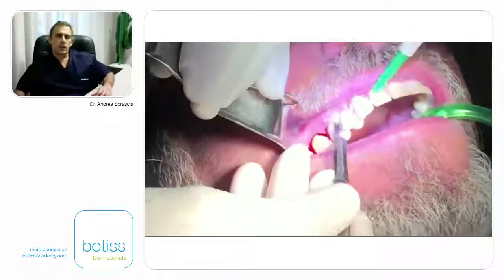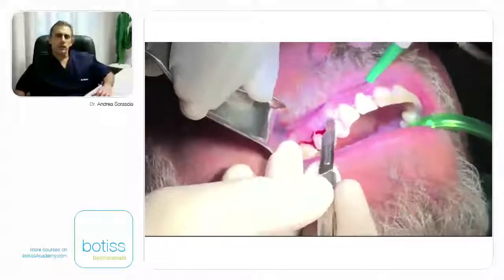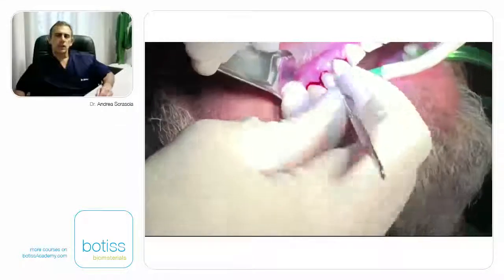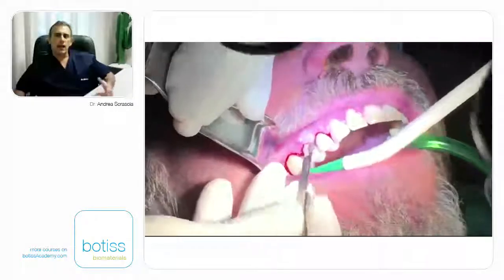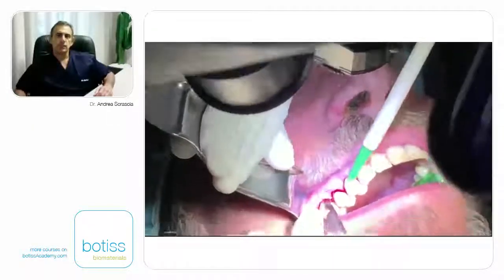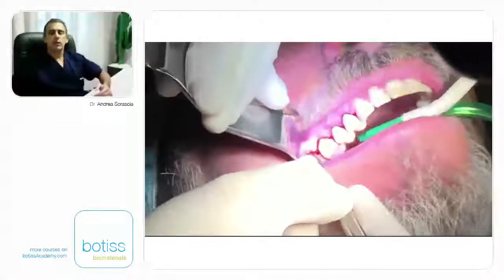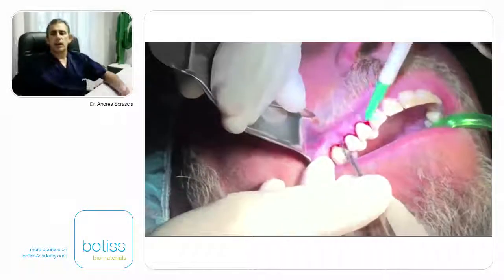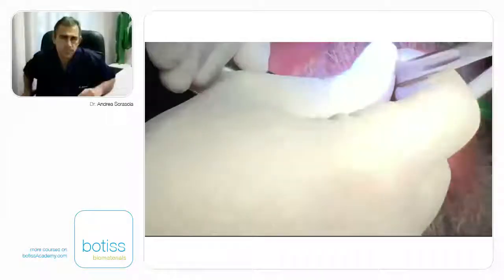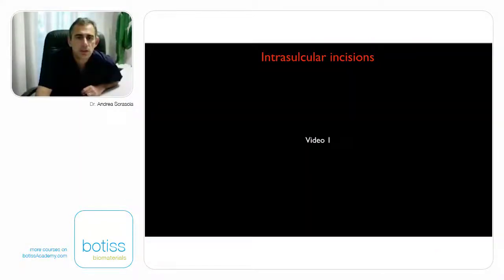We can see the intrasulcular incision technique, having a correct finger position in relation to the blade, so I can enter parallel to the vertical tooth axis. The distance is to be determined having a correct holding point using the right retractor. In this case, I use the Minnesota retractor. This is the technique.